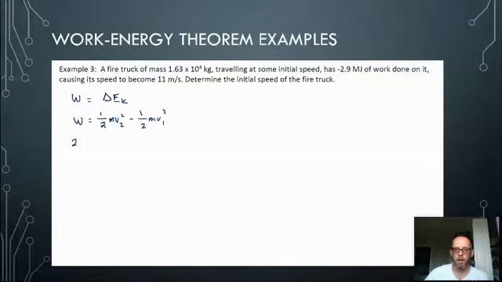A common strategy with energy problems is that you often have a lot of 1/2s floating around. By multiplying the entire equation by 2, and at the same time factoring out an m, you can remove fractions and make your calculations easier. So I'll divide by m.